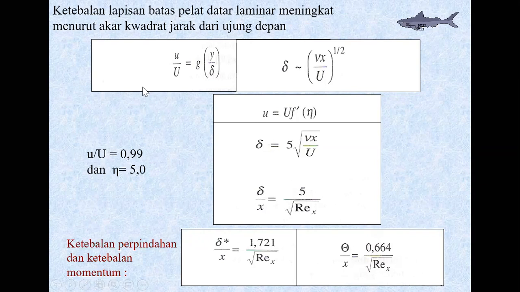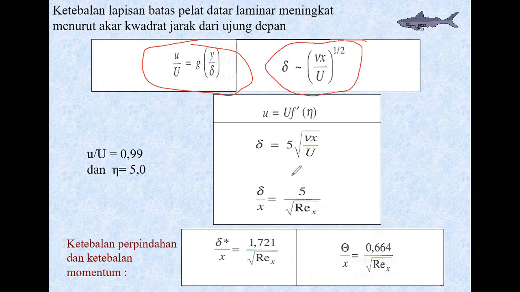What's the solution for the boundary layer? Well, we want to know the velocity distribution in the boundary layer, and Blasius gave that. This is the distribution. How about the thickness of the boundary layer? It's given by this.